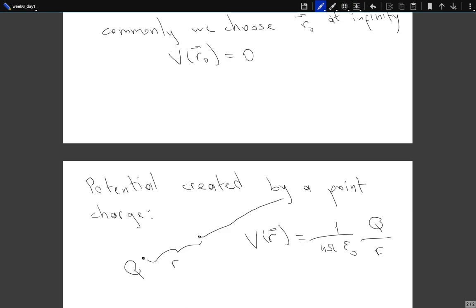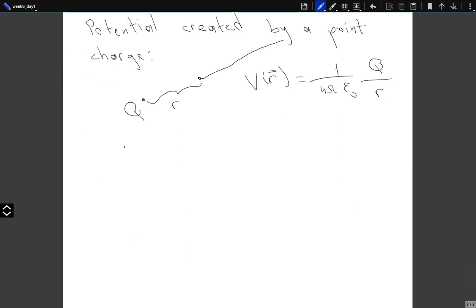Now, any questions up to here? So now let me ask you a question then. We had already studied this parallel plate capacitor, parallel plates.